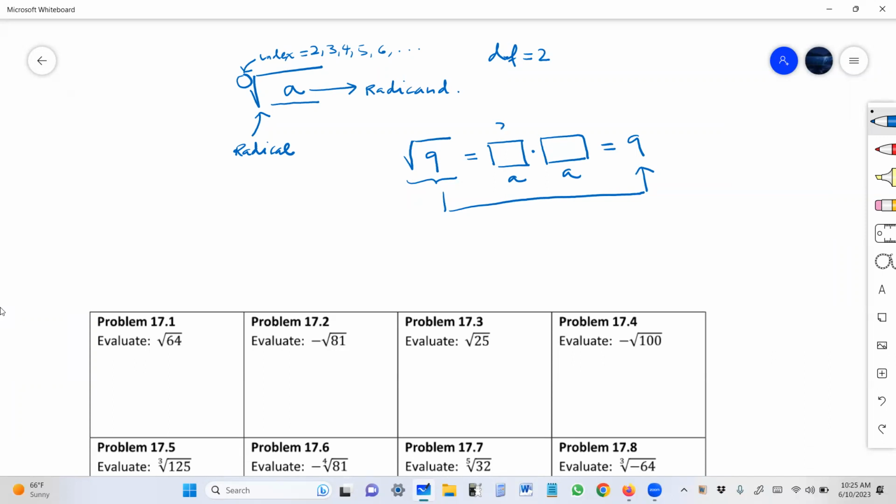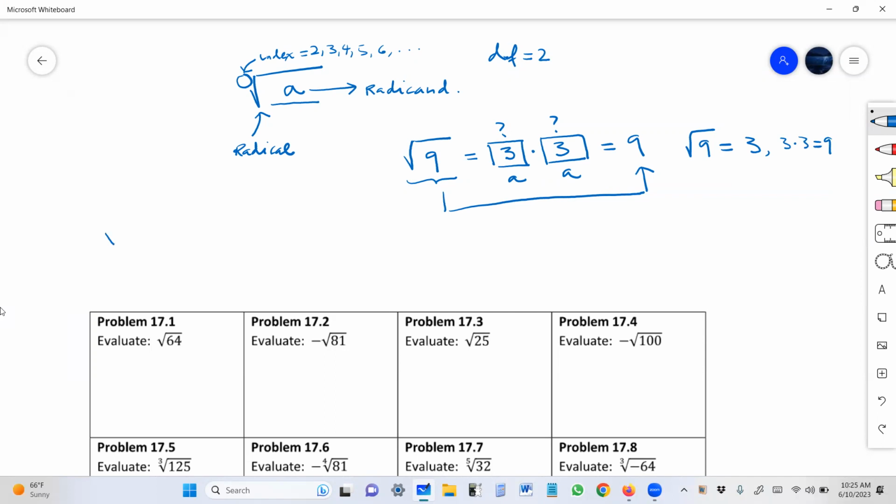Can you find out what's inside of the box? Each of these two boxes has to have the exact same number, and when we multiply them, we get 9. If you guessed 3, it's correct. So the square root of 9 is 3, because 3 times 3 is equal to 9.